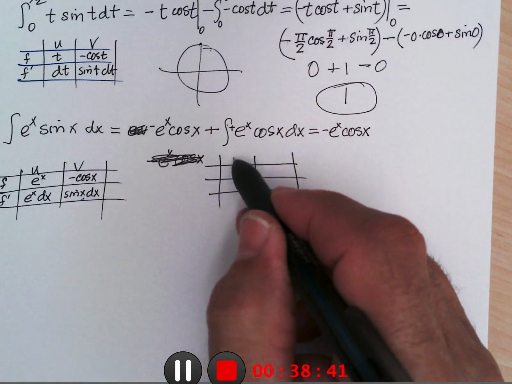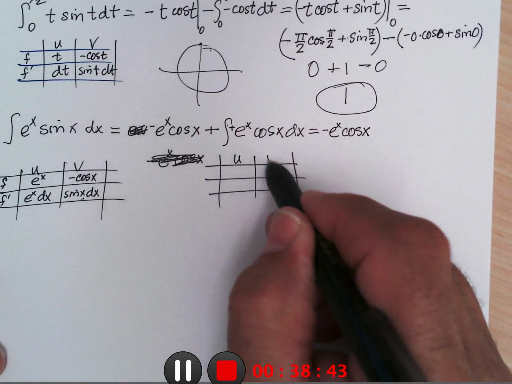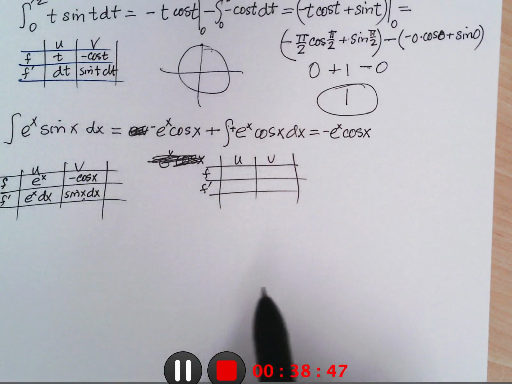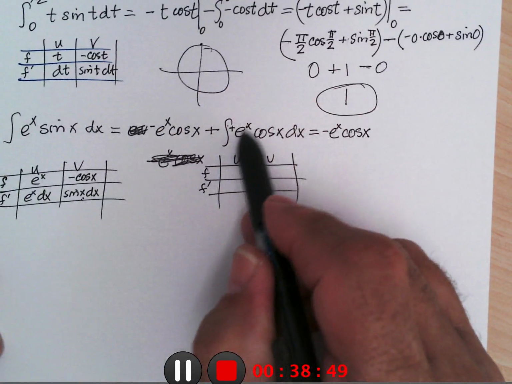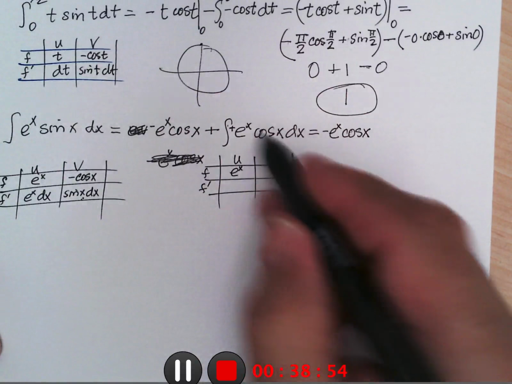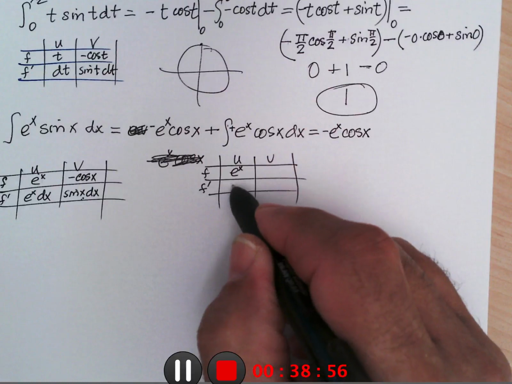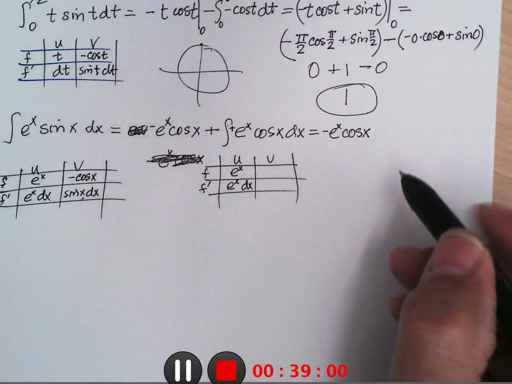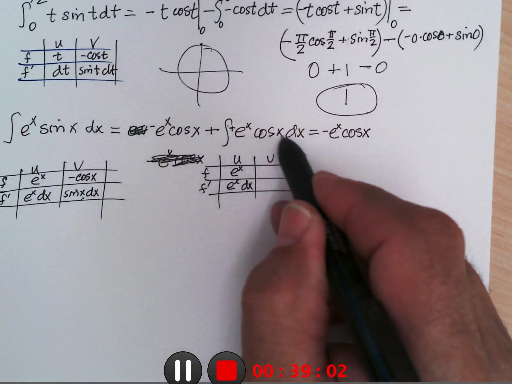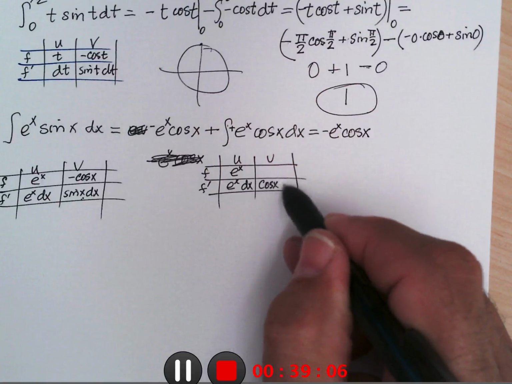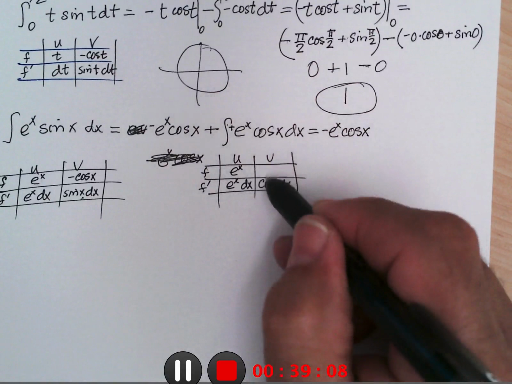So I'm going to do u and v, and I'm going to do the function and its derivative. And I'm going to do the same part. I'm going to put e to the x here. So the derivative be e to the x dx. And I'm going to put the rest of this, cosine of x dx, down here. So the antiderivative is sine of x.